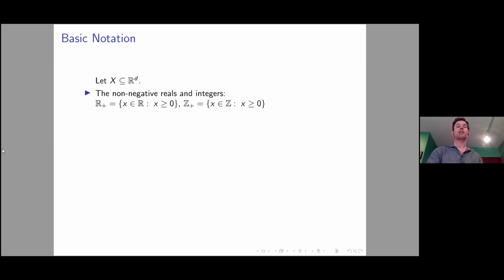So let's just set some basic notation. Here I'm going to use R+ for the non-negative real numbers and Z+ for the non-negative integers.